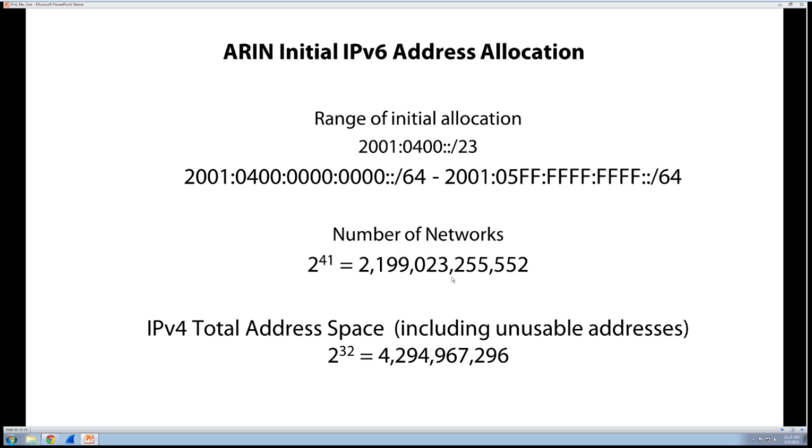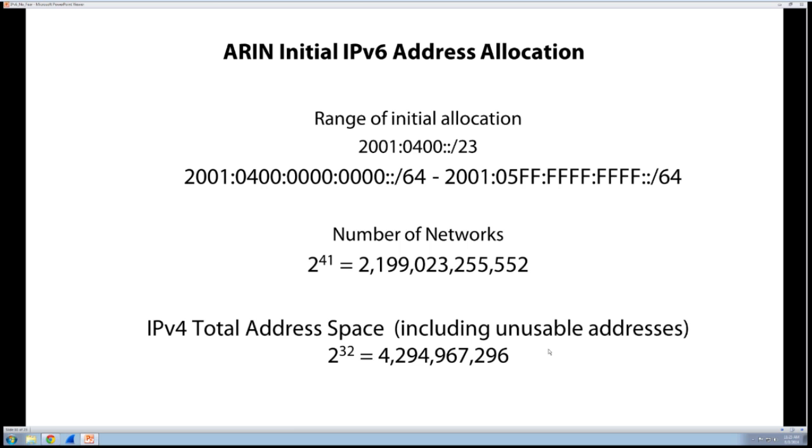Here we have 2 trillion. This is actually 512 times the number of IP version 4 addresses. So just for ARIN, the North American group's initial allocation, they have 512 times more networks available.